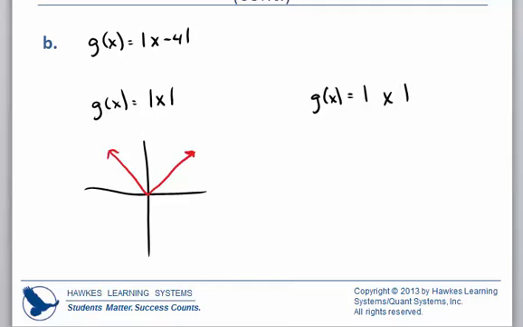So in other words, what has happened is they have taken that x and they have erased it, and in place of that x, they have put an x minus 4. So what effect does that have on the graph? The -4 is going to cause the graph to shift to the right 4 units.